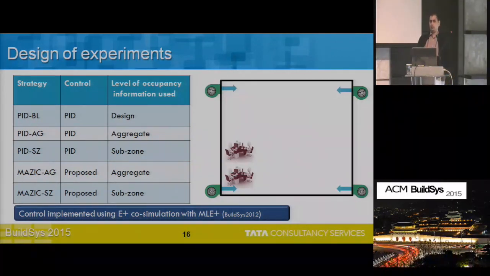And we have subzone level information, which we actually obtained from the desktop deployed apps. So we have different cases here. One is the PID baseline, which uses design, and PID aggregate, which uses aggregate information, and SZ stands for subzone information. Okay. We simulated using a co-simulation strategy of EnergyPlus with MLE Plus.